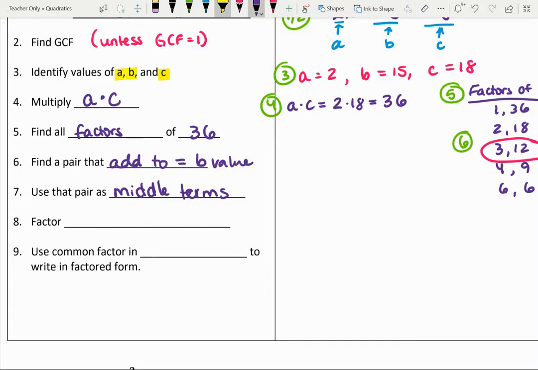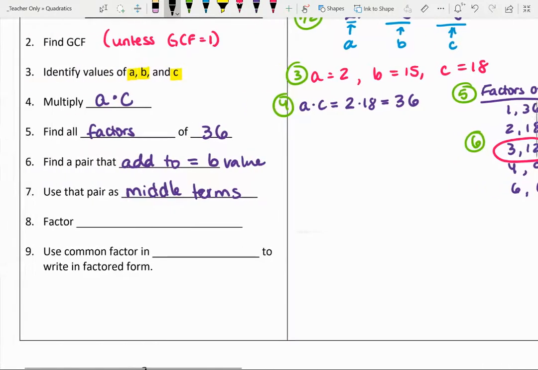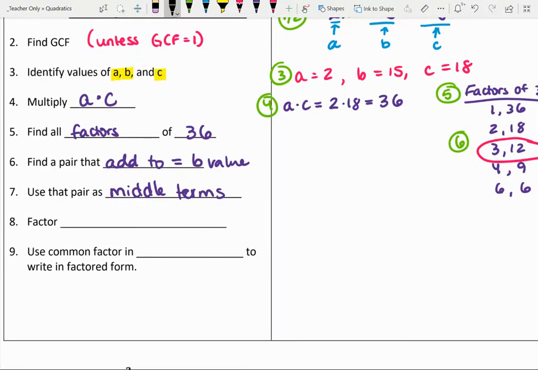So how does this look? Well, remember, we started with the expression 2x squared plus 15x plus 18. And we know that 3 plus 12 makes 15. So I'm going to split that 15x into 3x and 12x, and everything else is going to stay exactly the same.